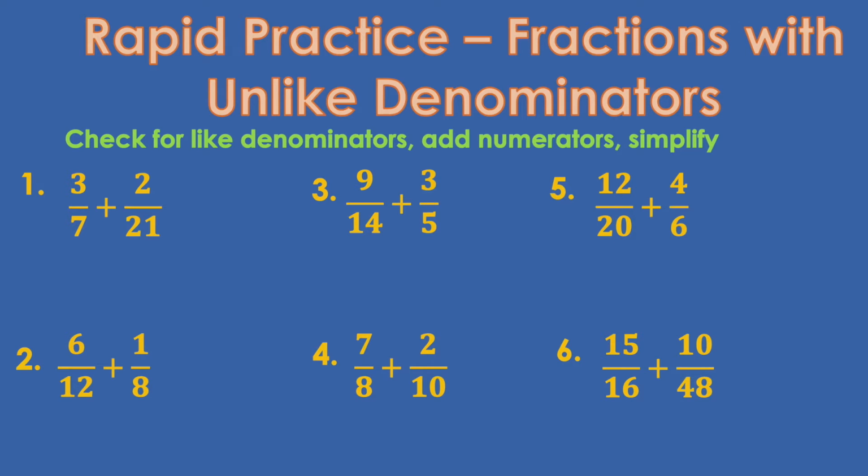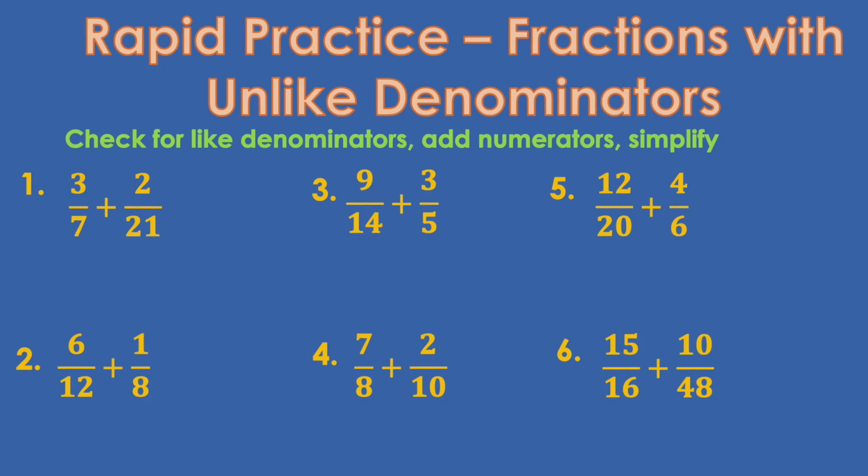Once you've reviewed, you can come back to this rapid practice and solve the problems and see how many you can get correct. The goal of these rapid practice problems is for you to get at least 5 out of the 6 problems correct. This way you know that you have a good grasp on the concept.